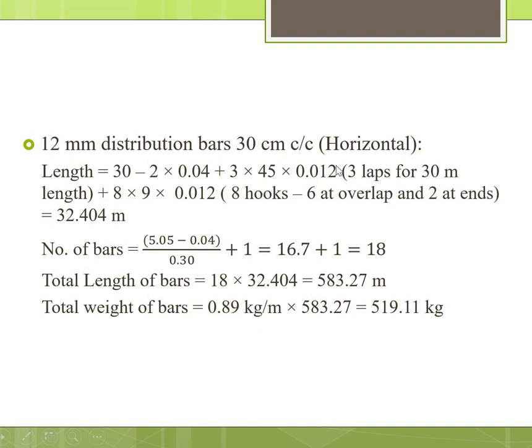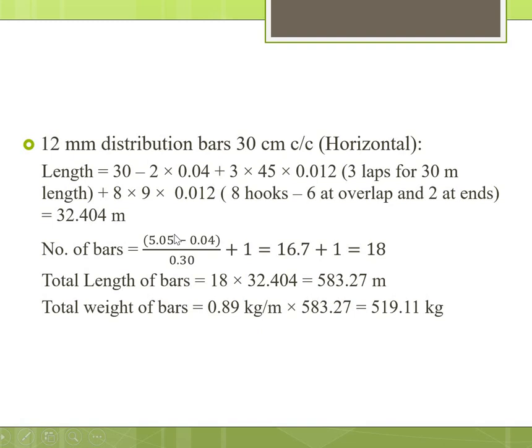So 3 into 45 into diameter of the bar, that is 0.012, plus there will be 8 hooks, because at each of the 3 overlaps there will be 2 hooks each, that comes to 6, and at both the ends there will be 2 hooks, that is 8. So 8 into 9 into 8 into 90, that is your general length for hook, and that length will be around 32.404.